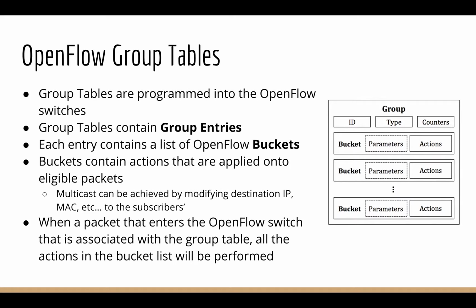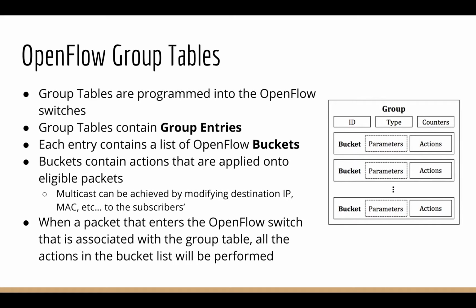These group tables are programmed into OpenFlow switches, and group tables contain group entries, which contain something called OpenFlow buckets. And the buckets essentially contain actions that are applied onto eligible packets.